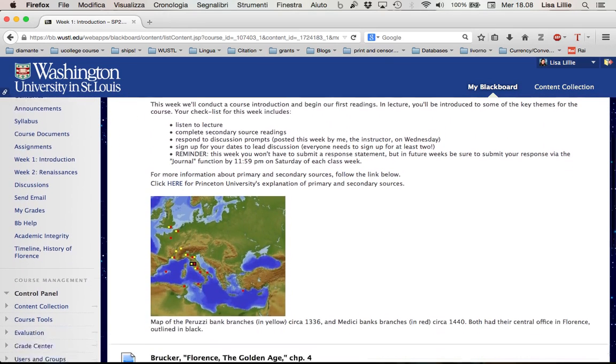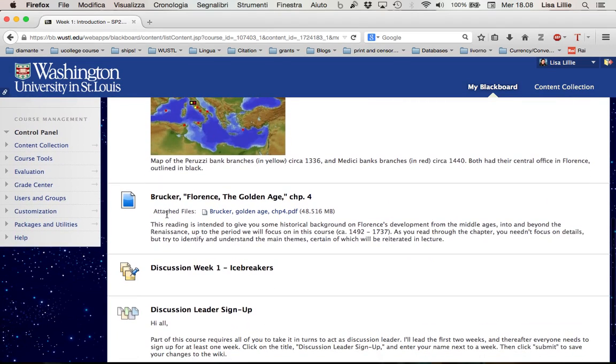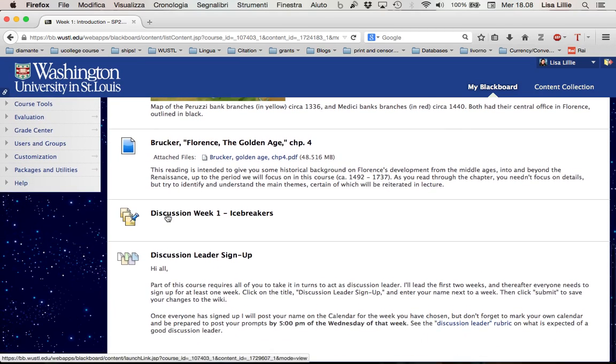Below the objectives and assignments, we have our readings. Now, for the first week, you only have a secondary source reading. Also for the first week, you do not have to contribute a reflection paper. That will start with week 2.